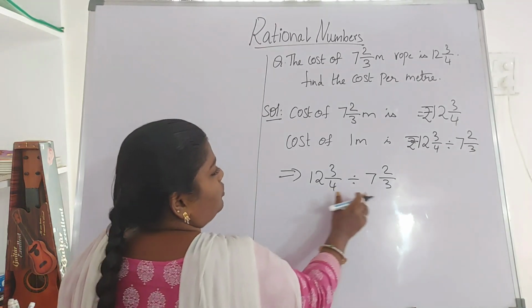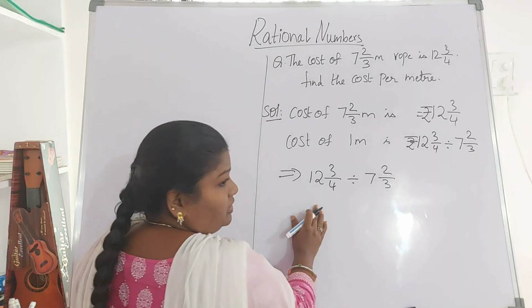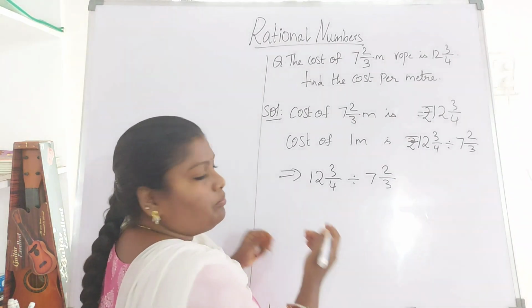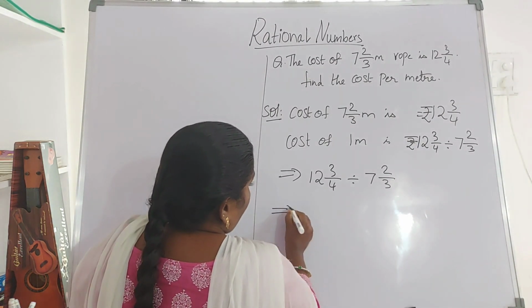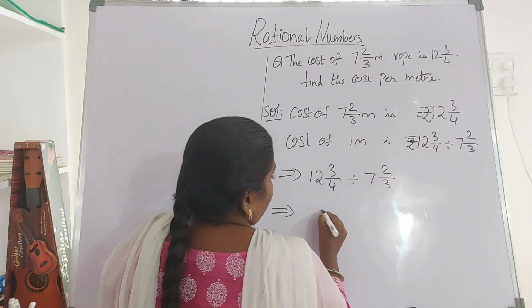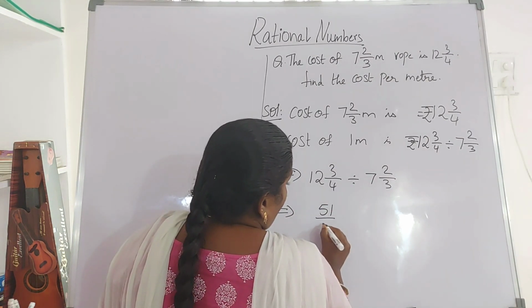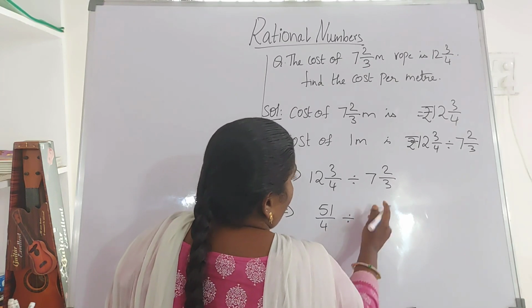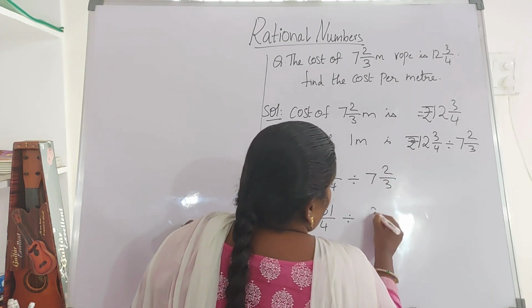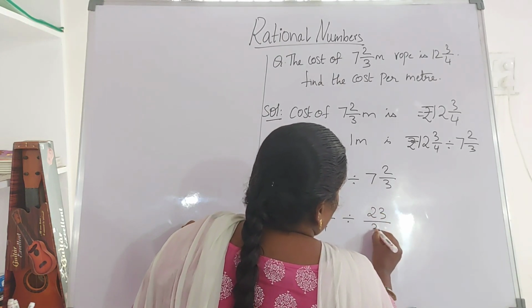Now here both are mixed fractions. We need to convert them into improper fractions. So that is nothing but 12 fours is 48, 48 plus 3 is 51, 51 by 4 divided by 7 threes is 21, 21 plus 2 is 23 by 3.